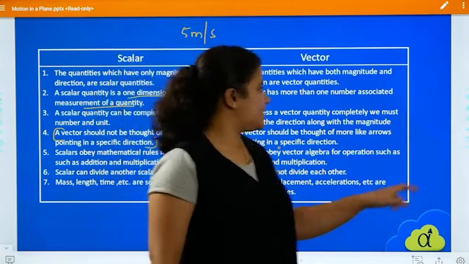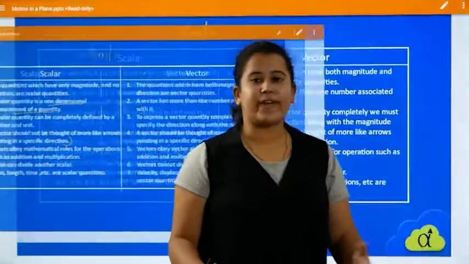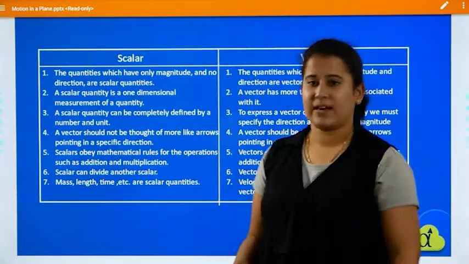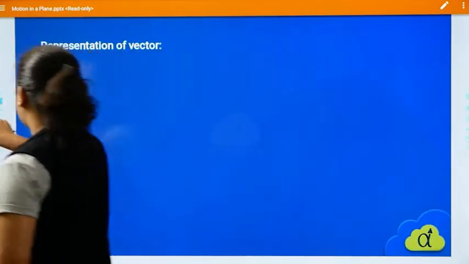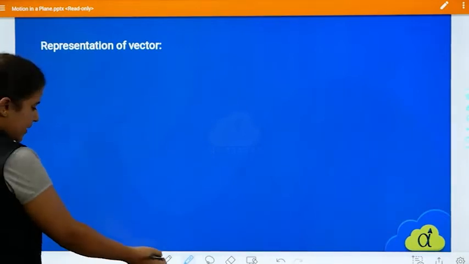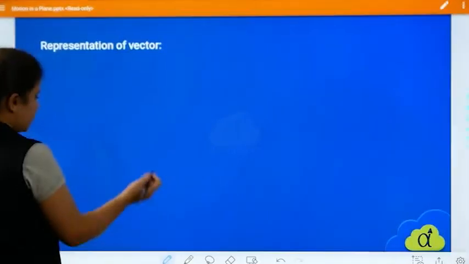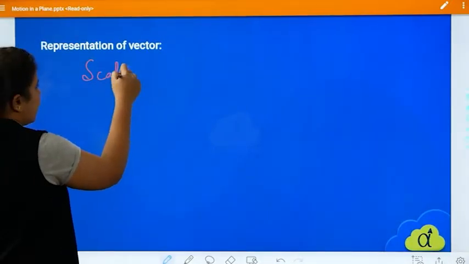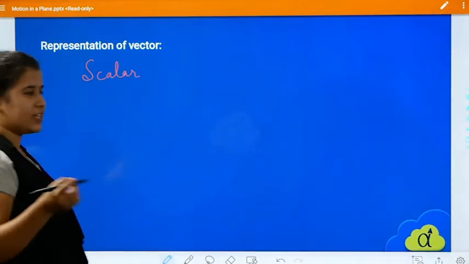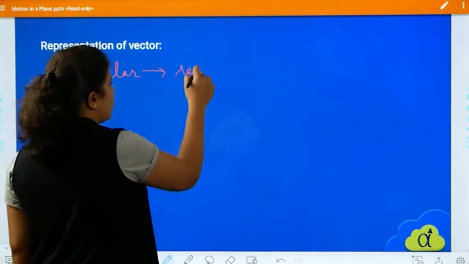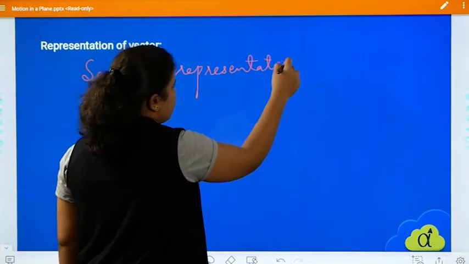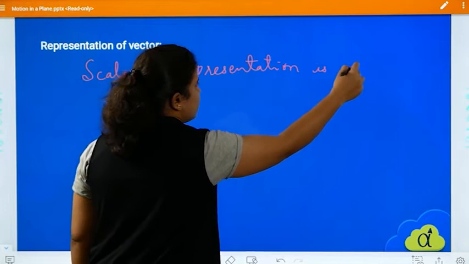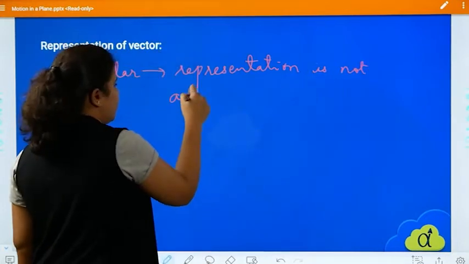So moving on to the next, we'll see how a vector is represented and how a scalar is represented. Whenever you take a scalar, it doesn't have any particular representation. Representation is not available, you can say.